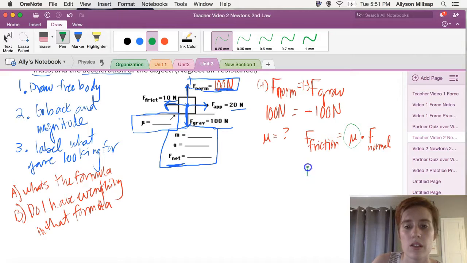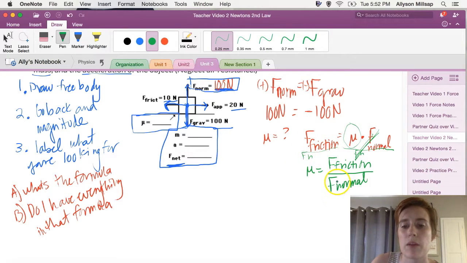Sure. Let's go and do that. I'm assuming you know how to rearrange equations since we practiced that last unit. If you don't, I'll quickly explain. I just divided both sides by the normal force, got rid of it on one side, and divided it on this side. So it's the force of friction divided by the normal force.